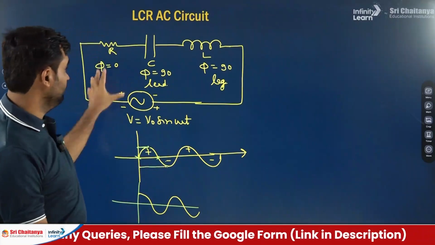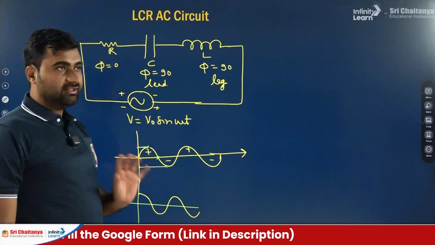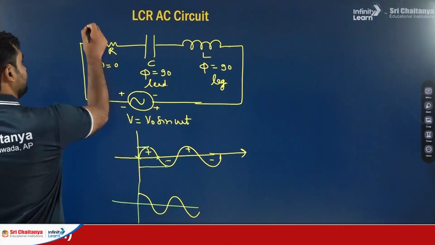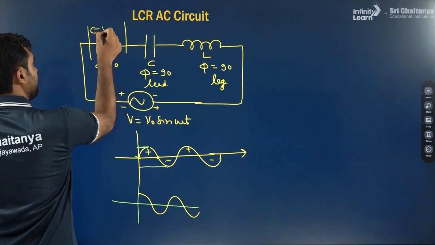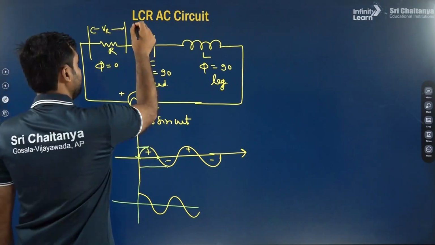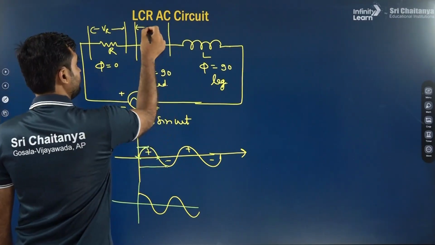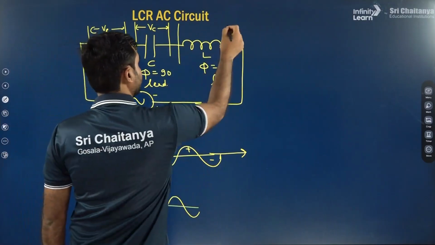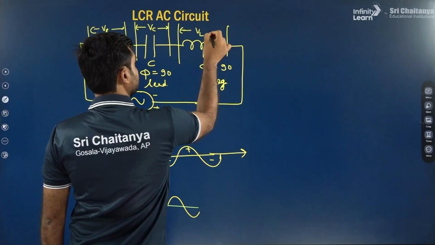Okay. Now how will we solve this circuit? We will apply KVL. This applied voltage must be equal to the voltage across the resistor, that is VR, the voltage across the capacitor, that is VC, and the voltage across the inductor, that is VL.